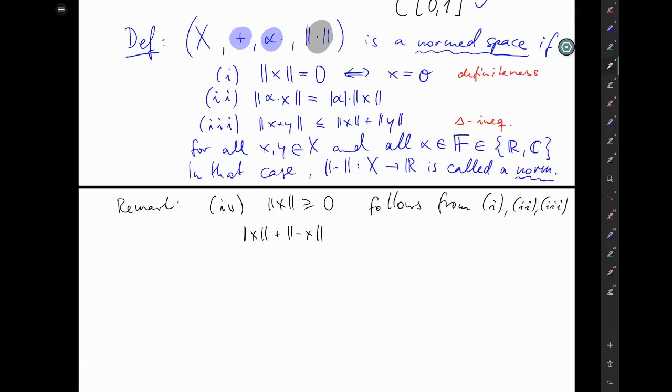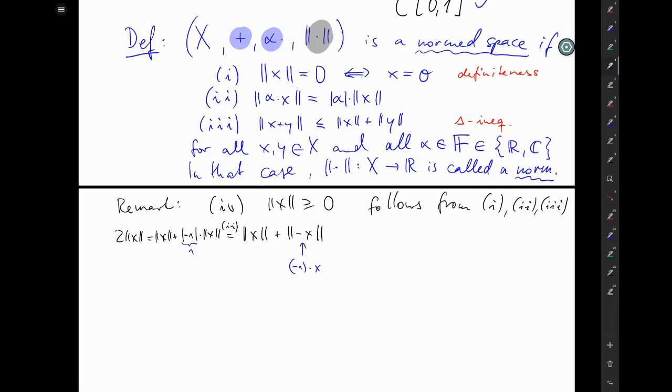Of course, we know that minus x is just minus 1 times x, so that by formula 2 this is norm of x plus modulus of minus 1 times norm of x, where of course the modulus of minus 1 is just 1, so we get 2 times norm of x here.